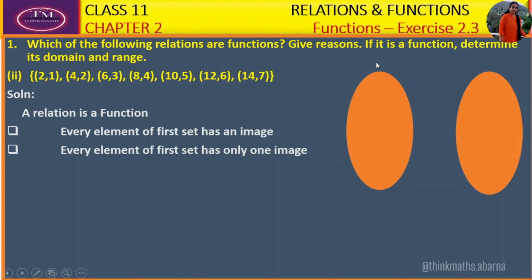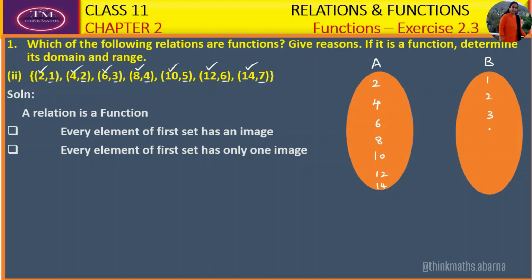Let us name the first set as A and the second set as B. What are the first elements? 2, 4, 6, 8, 10, 12, 14. The second elements are 1, 2, 3, 4, 5, 6, 7.